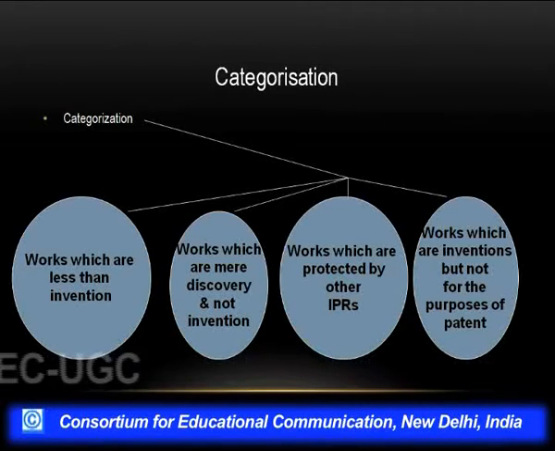Viewers, I would like to mention here that under these 4 categories, works can be brought squarely, but the point is there are certain works under section 3 which may fall into 2 categories, which may fall into 3 categories, which may fall into 4 categories.